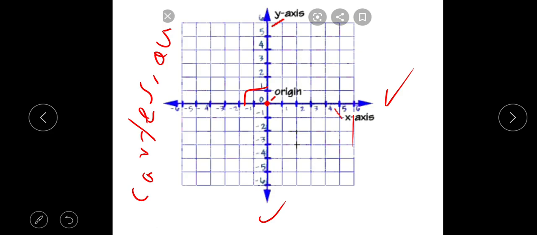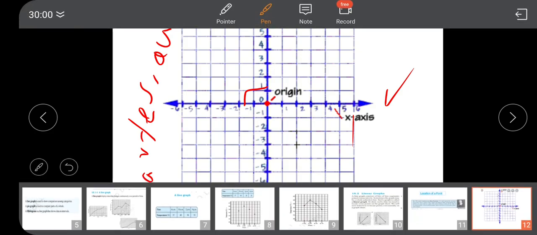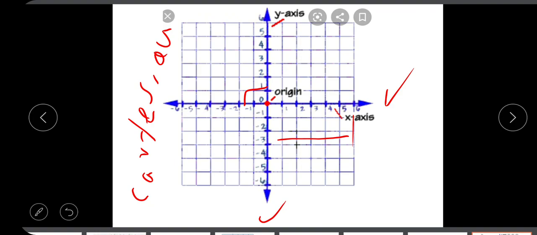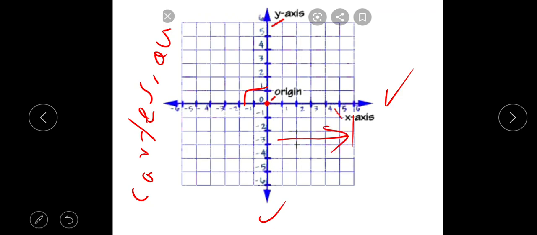Look at this x-axis: 0 at the middle, positive numbers to the right side, negative numbers to the left side. And on the y-axis, or the vertical line, positive numbers upward, negative numbers downward. And both are joined at 0.